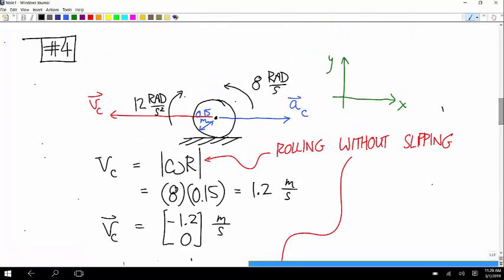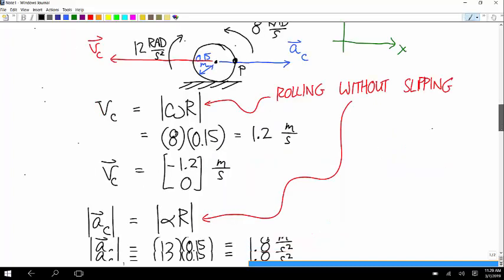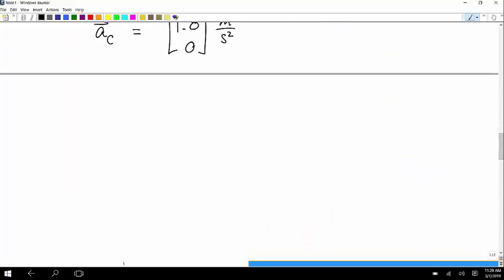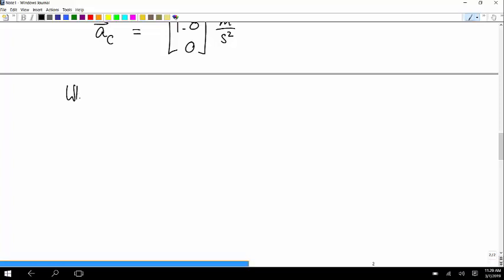Okay, so let's say we wanted to calculate the acceleration of this point. We haven't done that before, I don't think. So what's the acceleration at P?